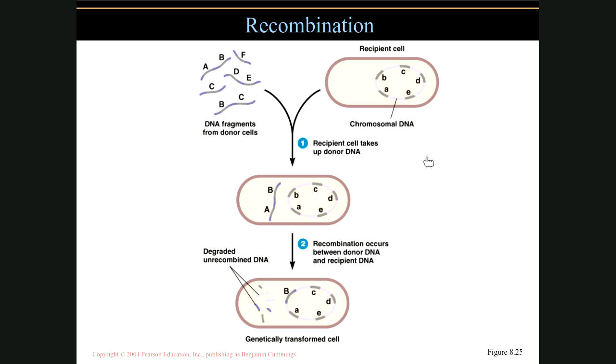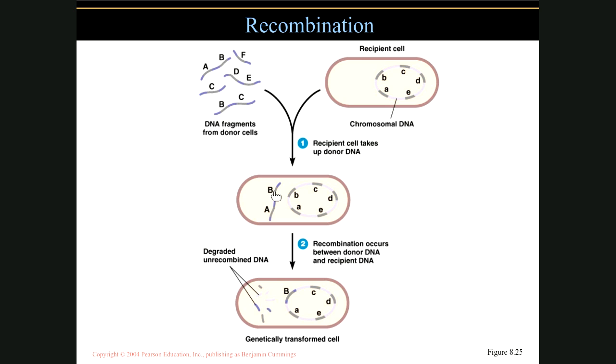So here we have a bacterial cell, some random pieces of DNA in the environment, and here the cell has absorbed one. Now, normally linear DNA is actually going to be attacked and degraded by the bacterial cell, because linear DNA usually represents a virus, a bacterial virus trying to infect that cell.